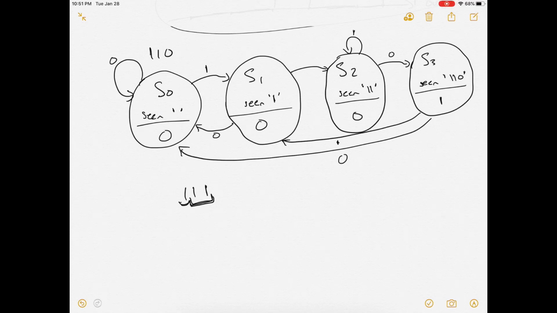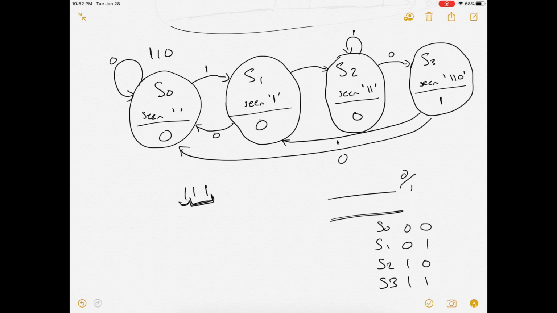So right here we have 4 states, and every wire that we use can only be 0 or 1. We cannot put 4 values inside one wire. So basically, we're going to use 2 wires. By using 2 wires, we can have 0 0, 0 1, 1 0, and 1 1. So this can be S0, S1, S2, and S3.